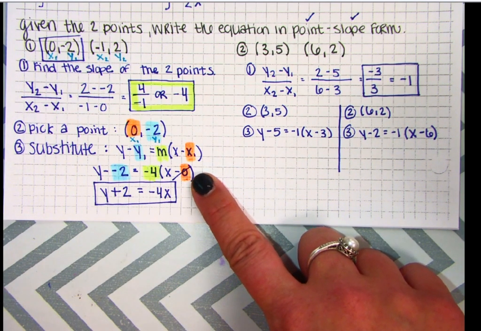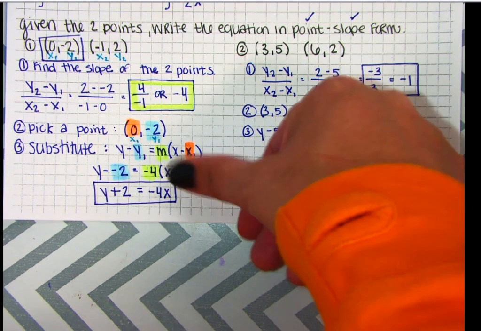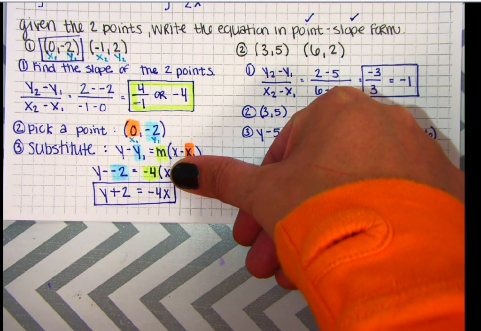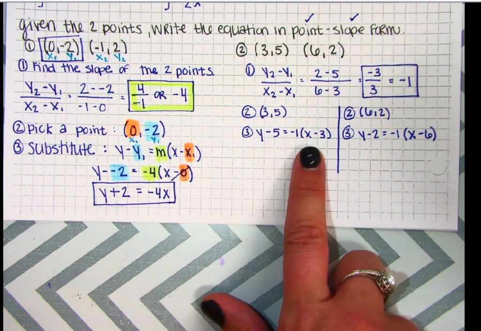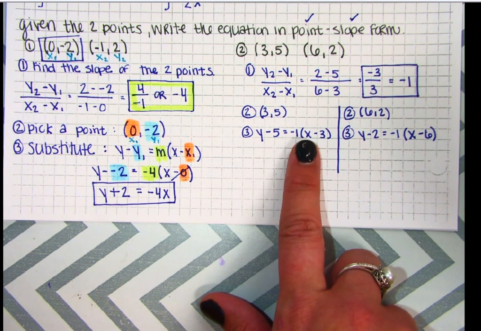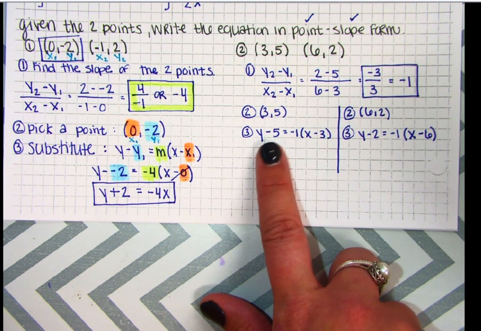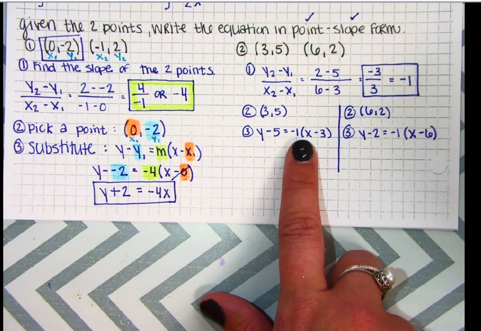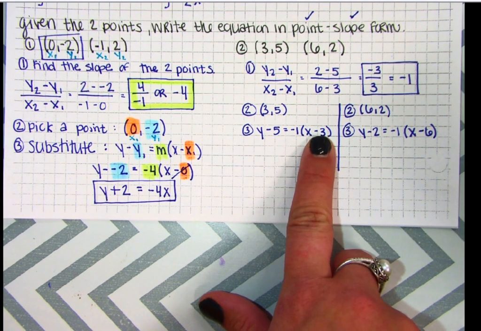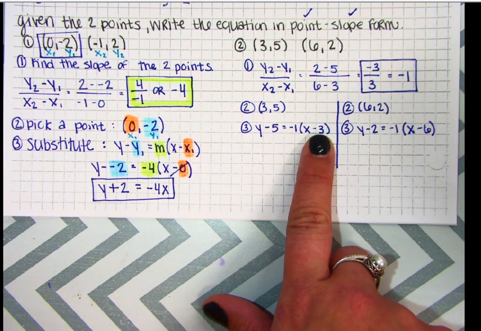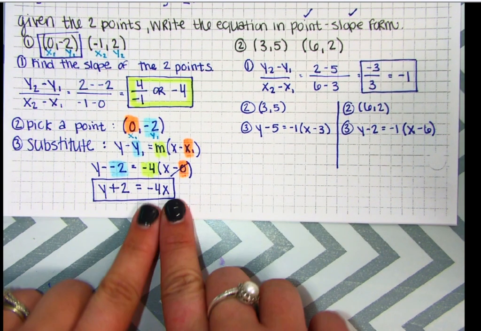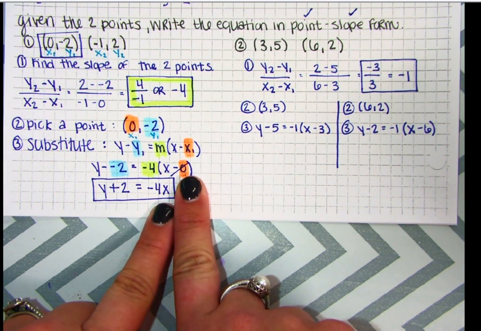You don't have to write minus 0, which means the parentheses just go away. However, over here, we don't need to distribute the negative 1, so you will have a parenthesis in your answer because this number is not a 0. So the only time that you won't have parentheses is if the x1 value is 0.